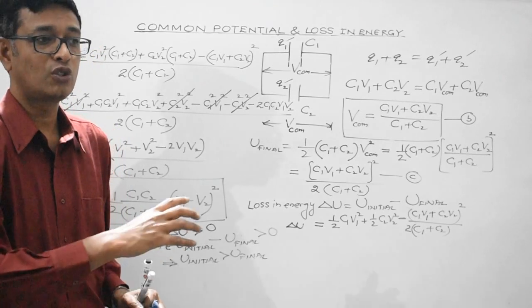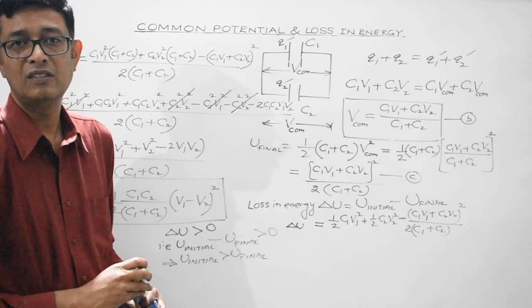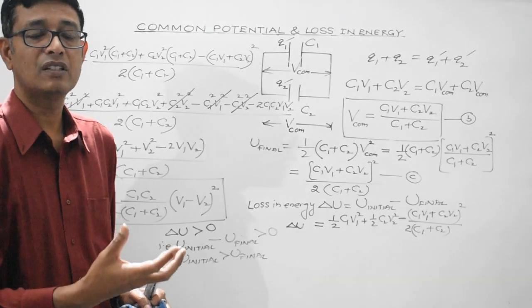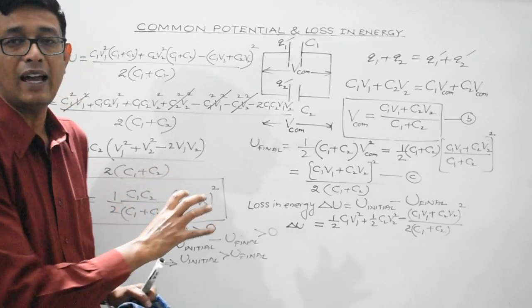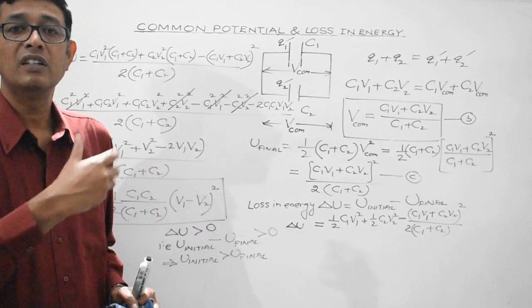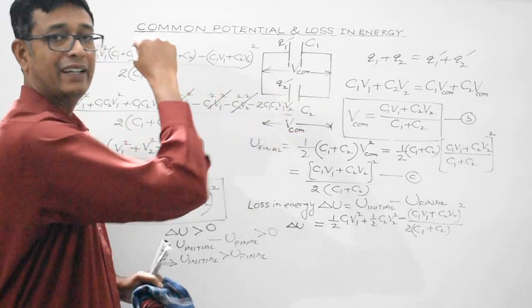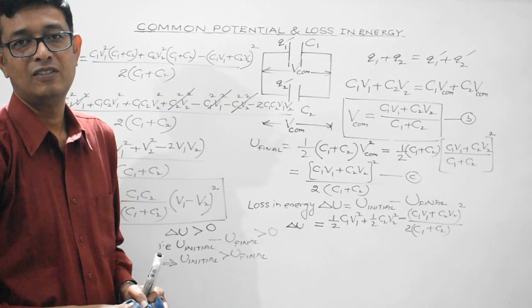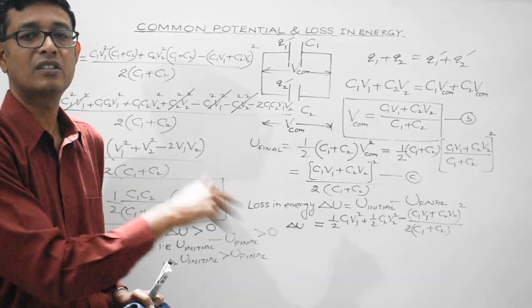To overcome that, some energy gets consumed, and it appears in the form of heat. So this loss in energy appears as heat because of the resistance offered by the connecting wires.